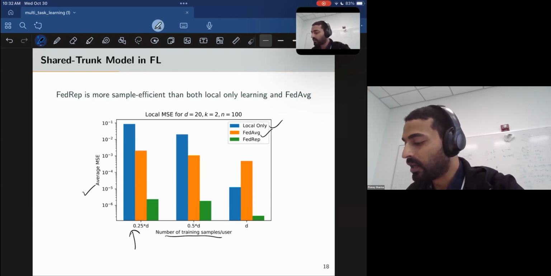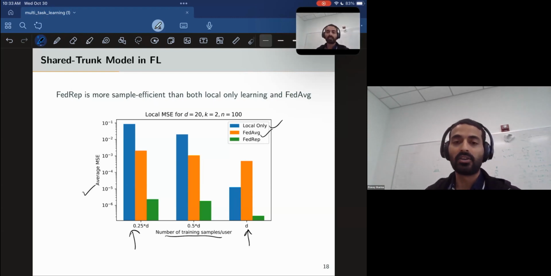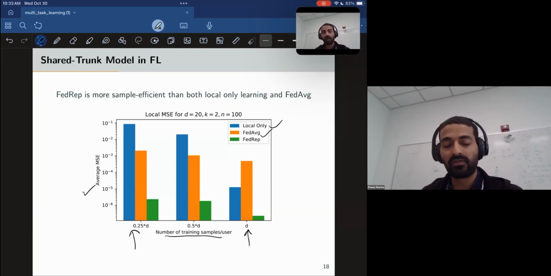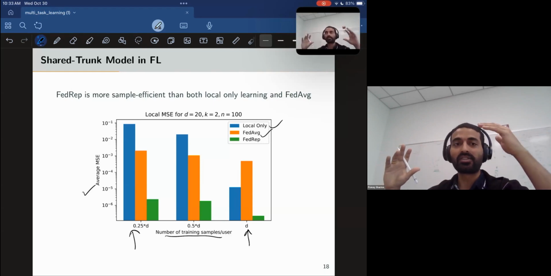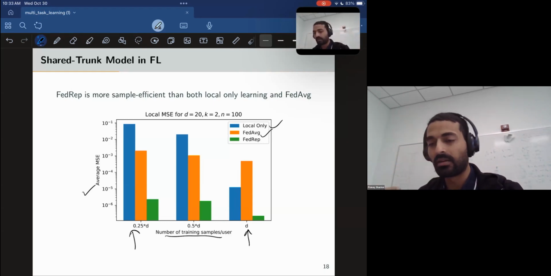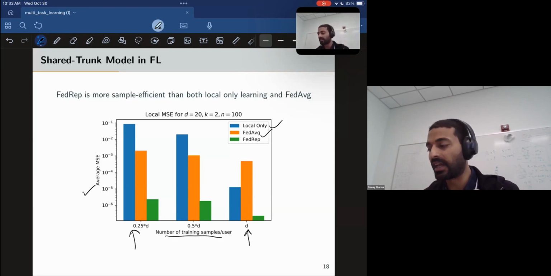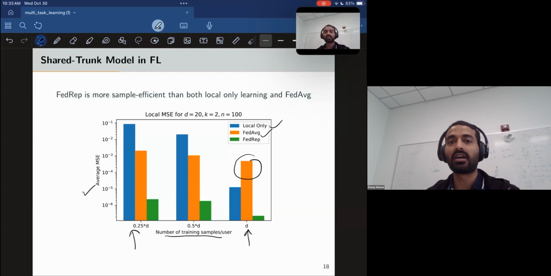On the other hand, if you have enough samples, but your model is not too powerful, in that case, you are looking at a lot of data, but because everything is shared, you are observing something like negative transfer, that you don't have any personalization across clients, right?